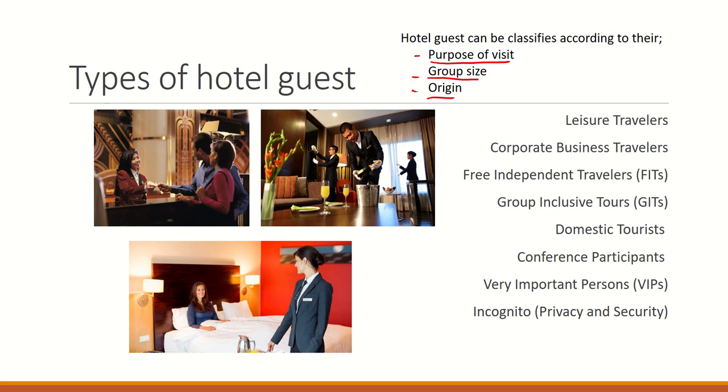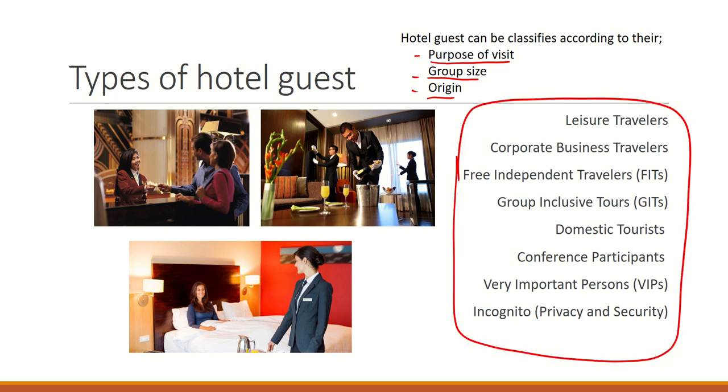Group size can be one single, or it can be a big group. Origin: from domestic, from local, or from other provinces, or from other countries. And those are types of guests. Leisure, corporate, free independent, group inclusive tour, group tour, domestic or local tourists.